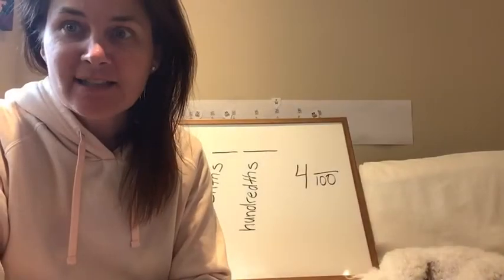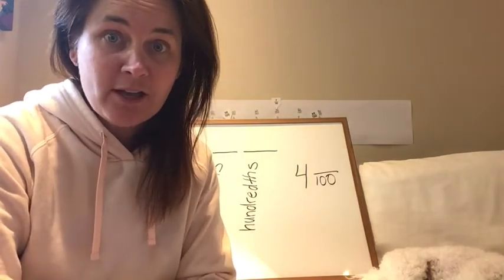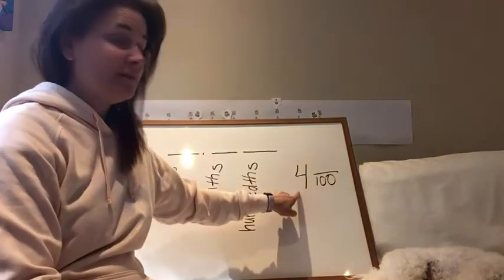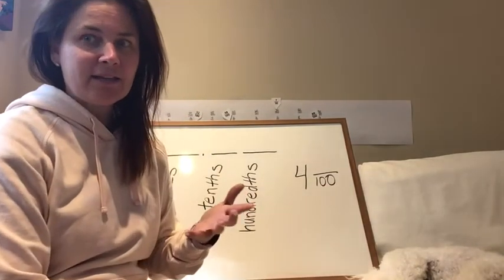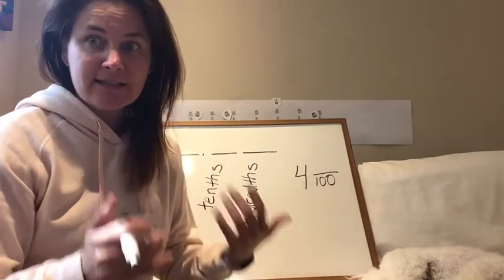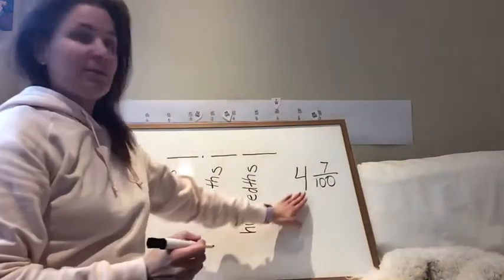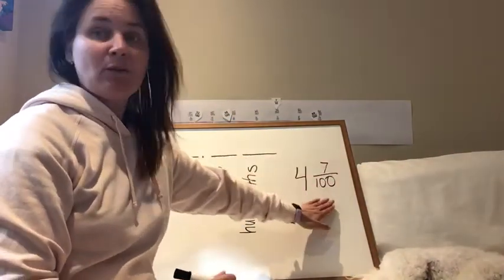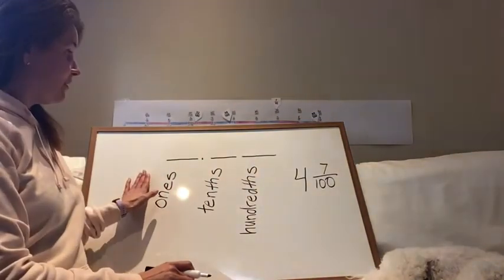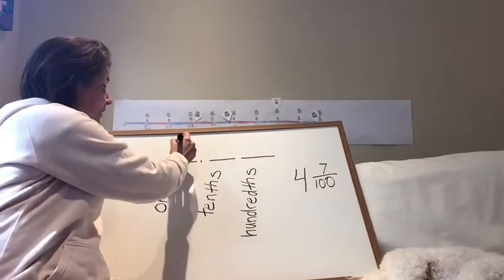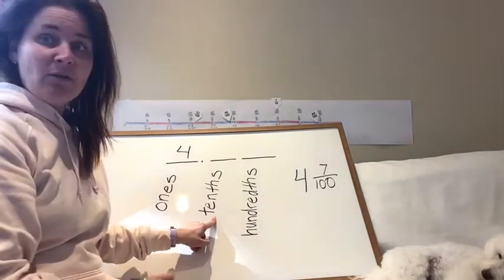Not so fast. I forgot to tell you something that they will sometimes trick you into. So you'll have your whole number, say it's 4, and it's out of hundredths, but it's like 7. It's something less than 10. So let's say your number was 4 and 7 hundredths. In that case, where it's ones, again you have your 4, but your tenths, we don't have any.